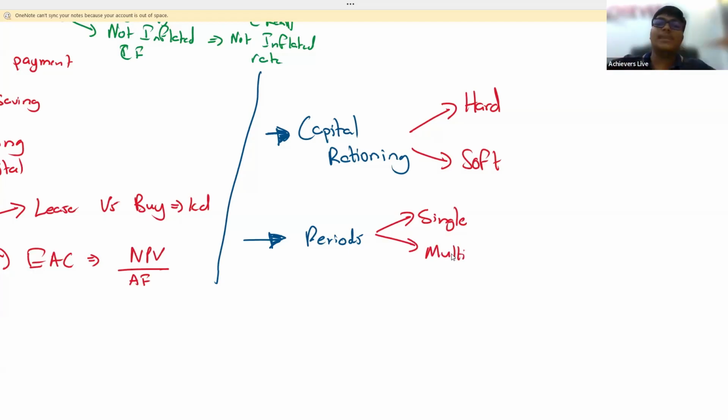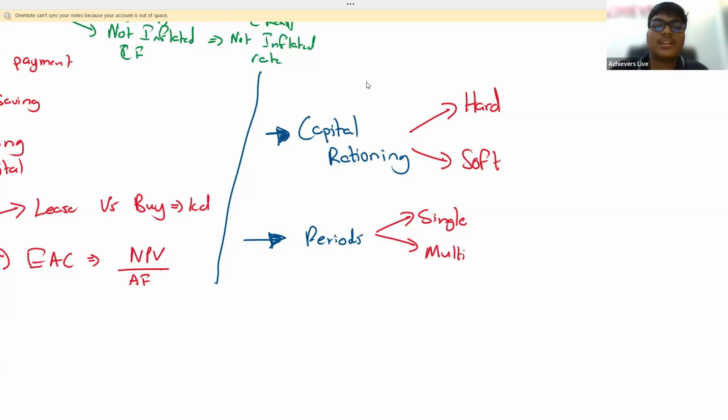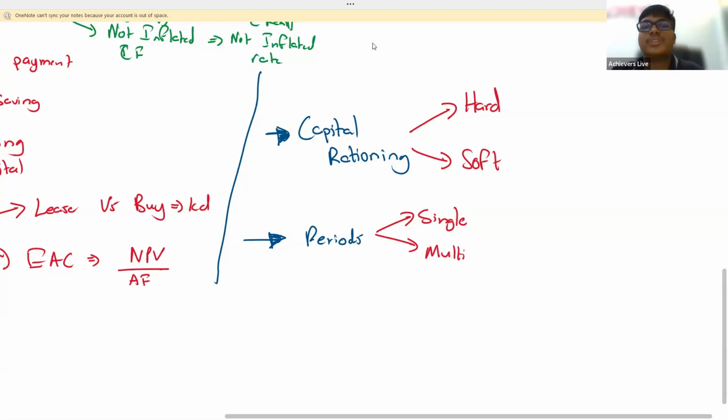Multi-period is when for many periods you don't have capital. Okay. So in your FM syllabus, we are going to look at only single period capital rationing.